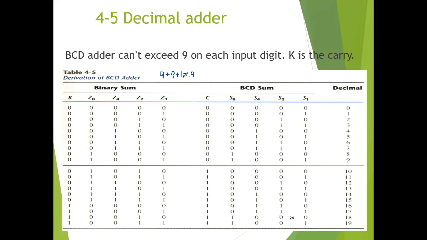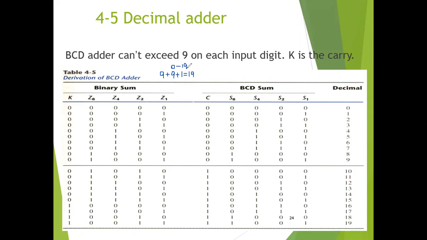Suppose we applied two BCD digits to a 4-bit binary adder to add them, and the adder will form the sum in binary and produce a result that ranges from 0 to 19. The range will be 0 to 19 when we use the binary adder to add the numbers.